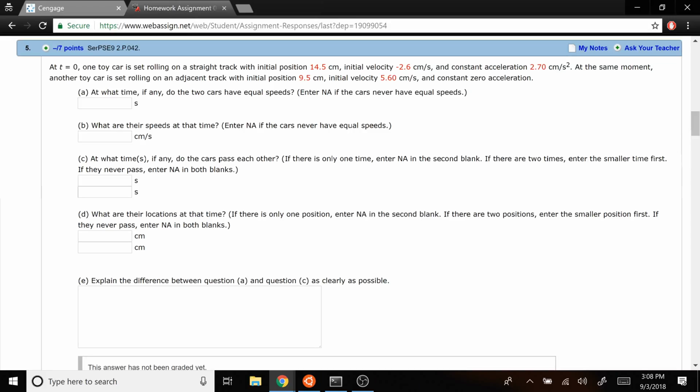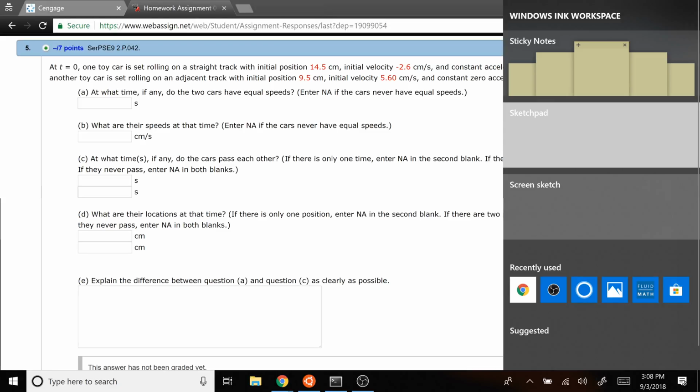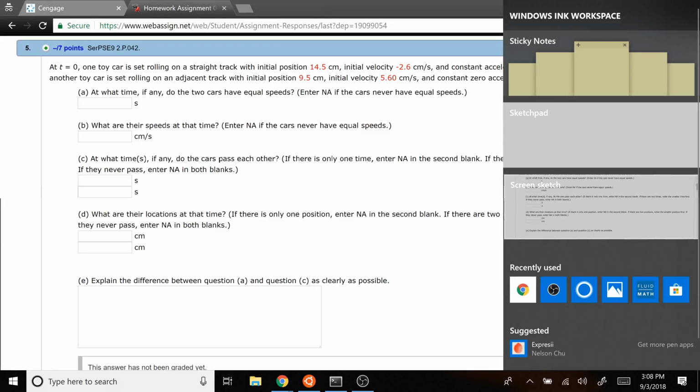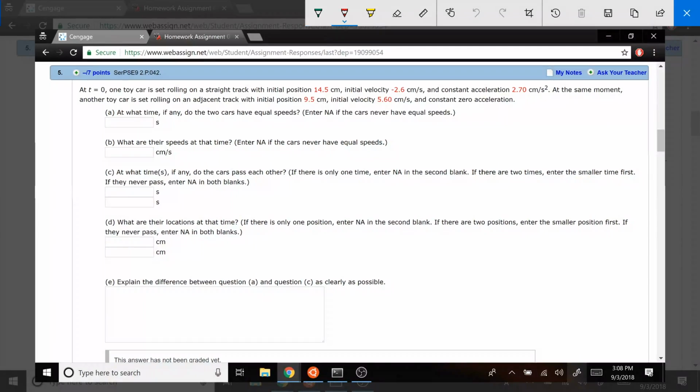Notice it just says one toy car and another toy car. Although the letters are okay, I would have labeled them 1 and 2. And the reason would be so that I can say at time 0, so I can make some sort of a table, which is what you did here, time 0, and then at some other time.